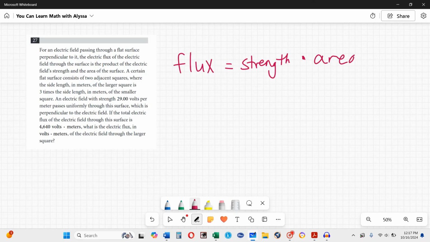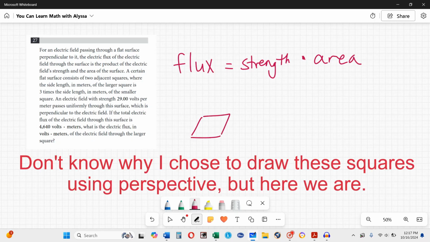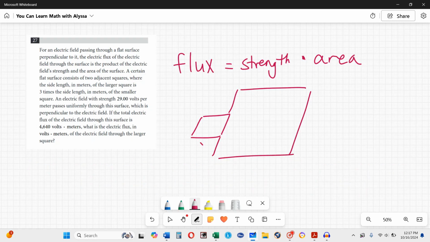Okay, so strength times area. I digress. Flux equals strength times area. All right, so a certain flat surface has two adjacent squares. The side length in meters of the larger square is 3 times the side length of the smaller. I'm going to call this x on both sides, and this one is 3x on both sides.